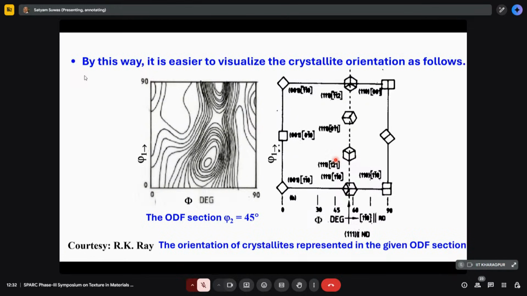So you need the orientation distribution, so that if you are calculating the elastic moduli or the strength of a polycrystalline material, you can put this orientation distribution function into the relevant equations and get the overall elastic modulus or properties of the polycrystalline material. And you can also reveal which orientation is present by these contour lines.